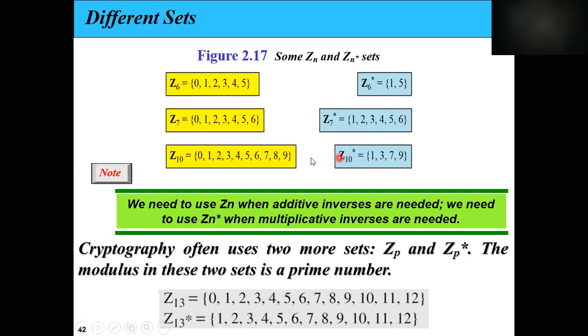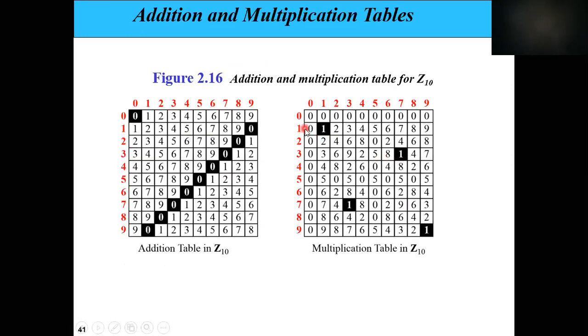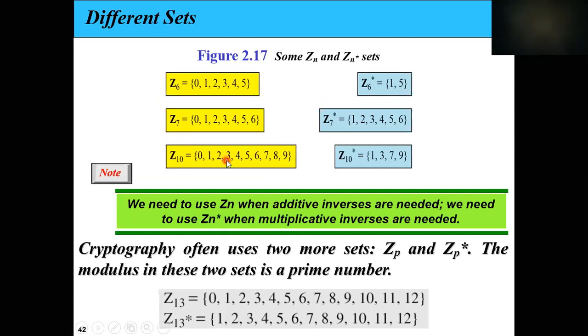In Z10, if you look, 1, 3, 7 and 9 are the unit elements. Unit elements, dear student, are all those elements whose inverses exist. So in Z10, this set is the set of unit elements, meaning all those elements in these modulo classes whose multiplicative inverses exist.